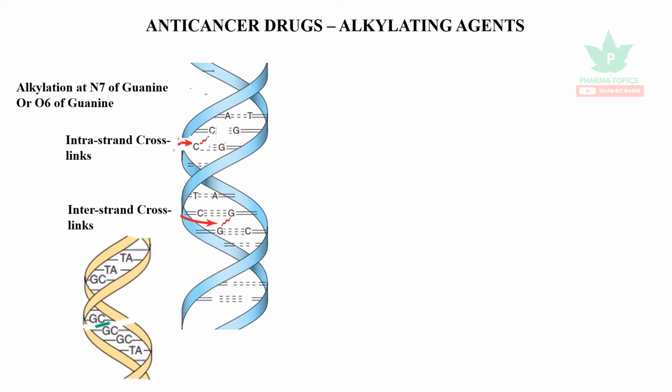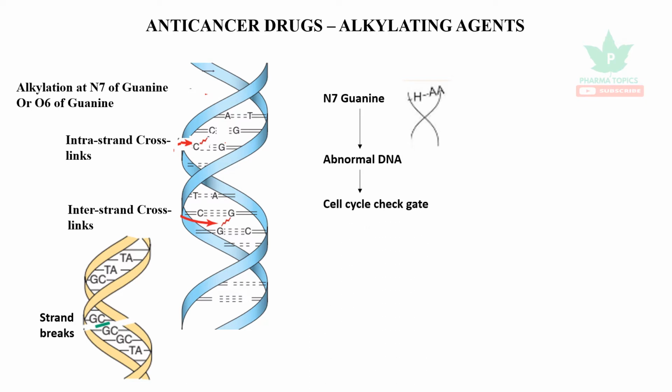When this happens, the DNA may break, or during cell division the DNA has to unwind, that is affected by the alkylating agents. So when the N7 of guanine is alkylated, it becomes abnormal DNA or damaged DNA that is checked by the cell cycle checkpoints.